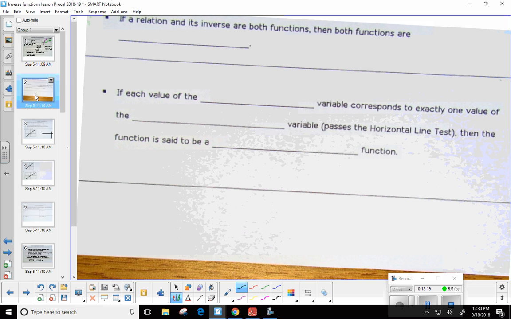If each value of the dependent variable, and which one's always the dependent? The y. The y variable corresponds to exactly one value of the independent variable, that means it passes the horizontal line test.